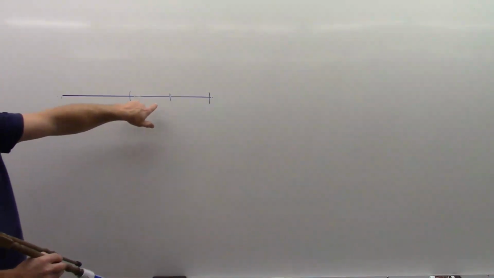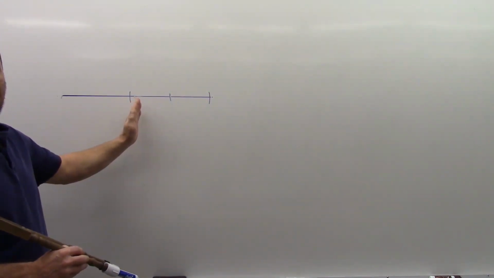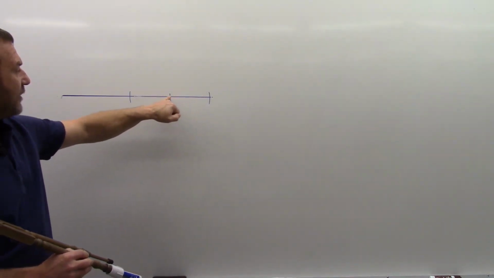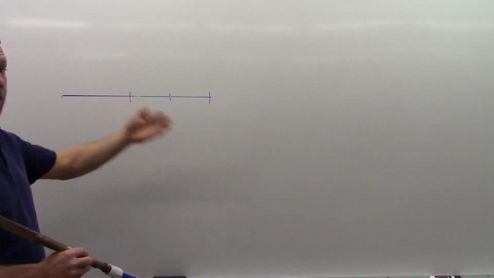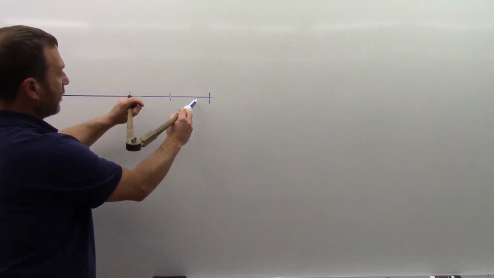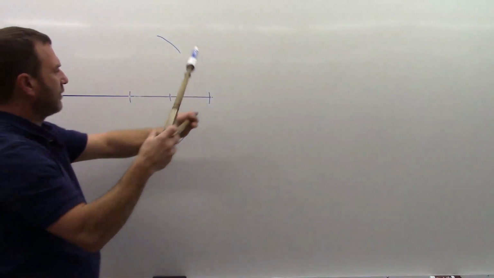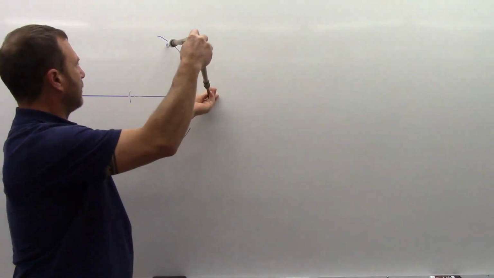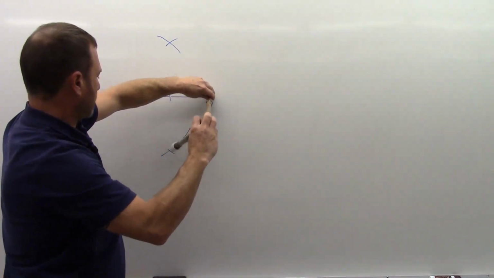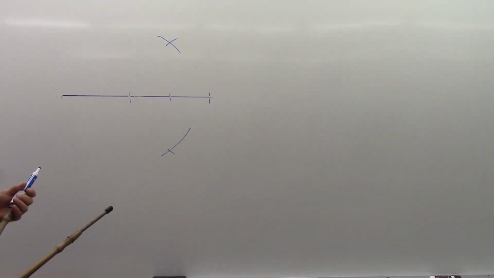Now what that gives me is equal distances, just as if I would have bisected this line. So now I have equal distance here and here. I can create a perpendicular from this point just by bisecting that section. So now I have three-quarters of the line. Swing above and below. Connect it, and I have my perpendicular.